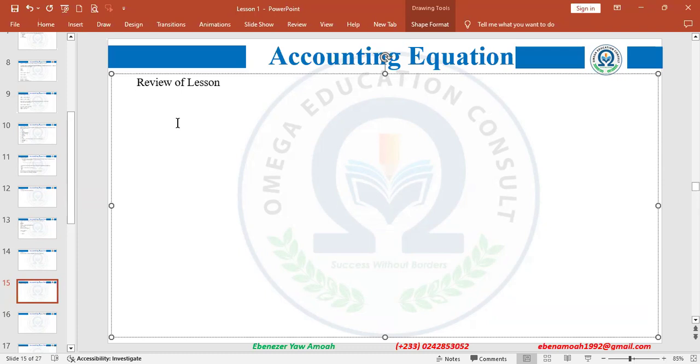Great. I think we all appreciate what the fixed assets are and current assets. And then we saw that the fixed assets are also classified into 2 types.